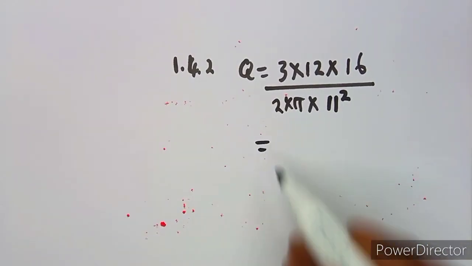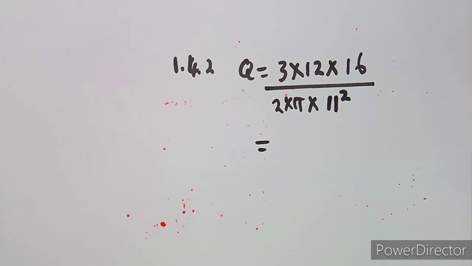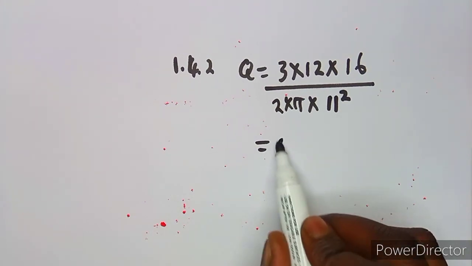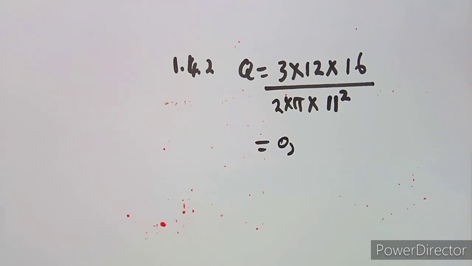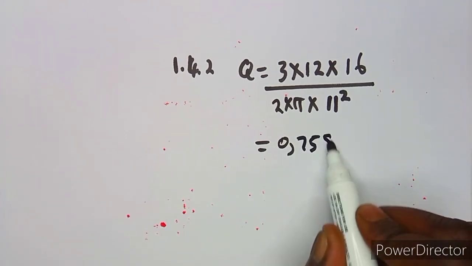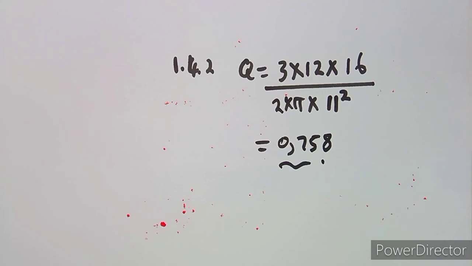Okay, so this one I want you to work on it and obtain the answer. You're supposed to obtain something like this, 0.758. So just try and simplify this, guys. I trust that you can obtain this one. You just have to use your calculator properly on attempting these typical questions.